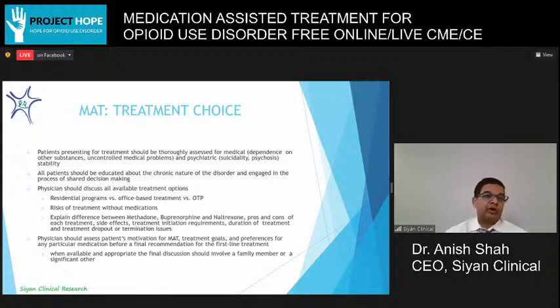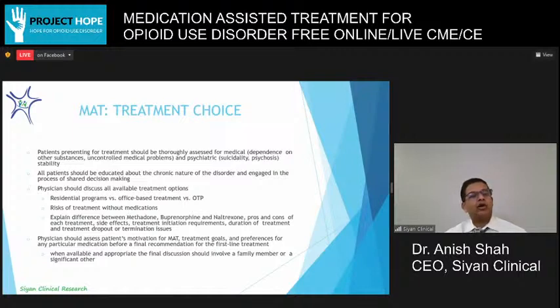Then one should talk about residential program versus office-based treatment versus OTP, or outpatient treatment protocols. One should also talk about the risk of treatment without medication. You should also talk about how psychotherapy or counseling alone may or may not work based on the clinical status of an individual. So there should be a comprehensive discussion around various treatment modalities and options.